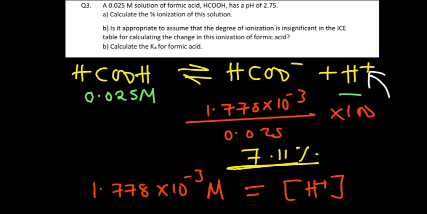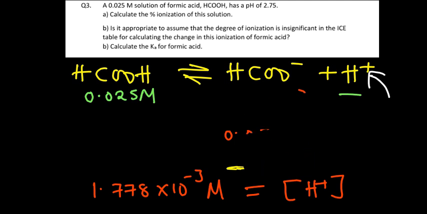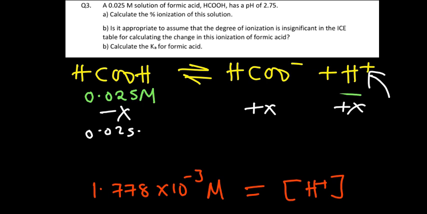And then B says calculate the Ka for the formic acid. How do you calculate the Ka? Don't forget we've already found the value of x, so we can just extend our table again. Here it was 0.025 minus x, plus x, plus x.